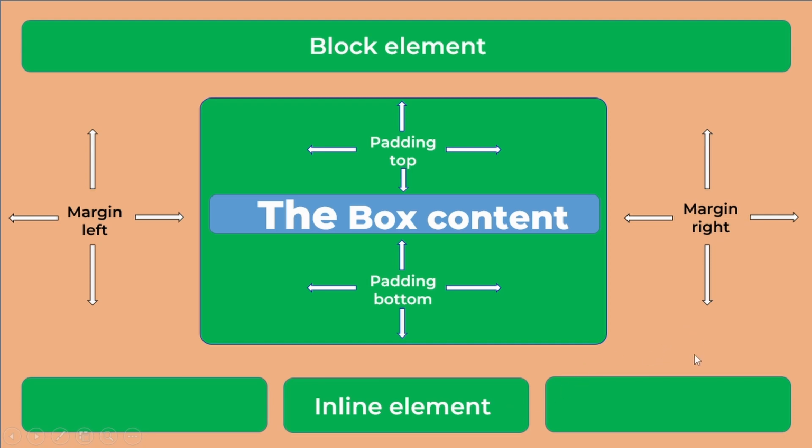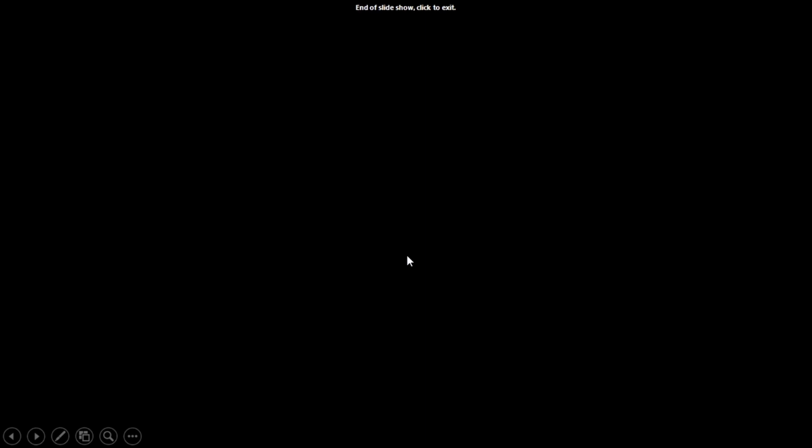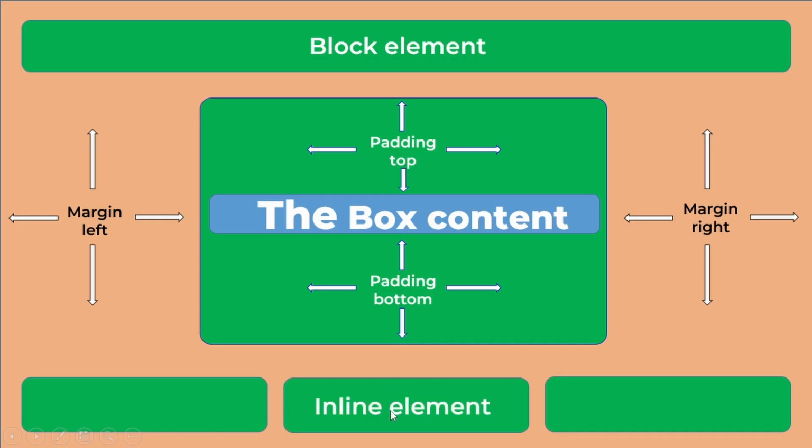We saw that the box model applies to block elements, so they can have margin at their top, bottom, left, and right. But for inline elements, the box model is not going to completely apply, because inline elements cannot have margin at their top and bottom.